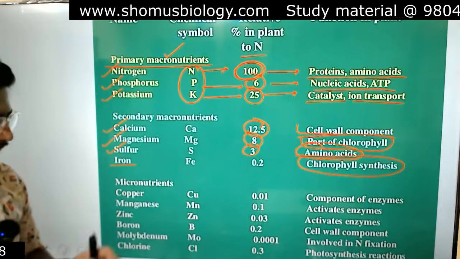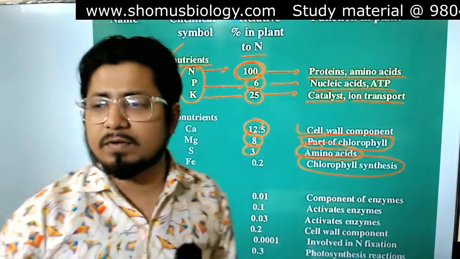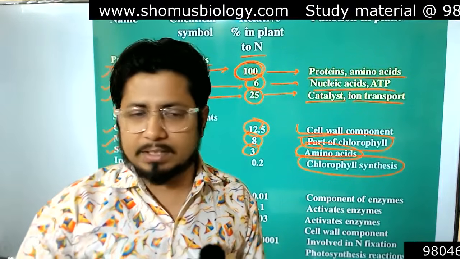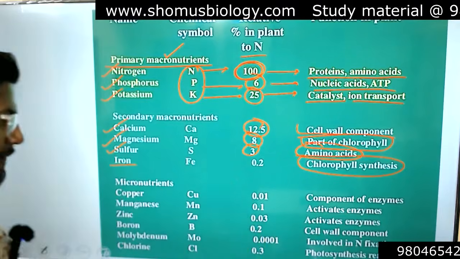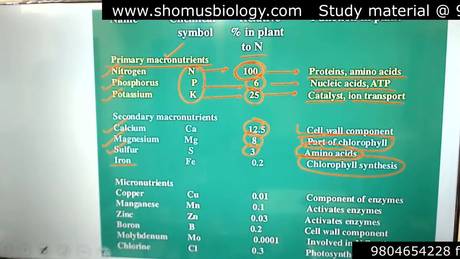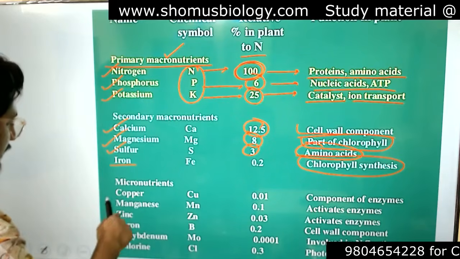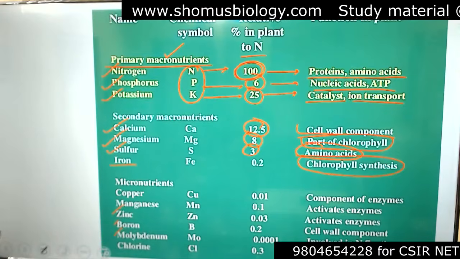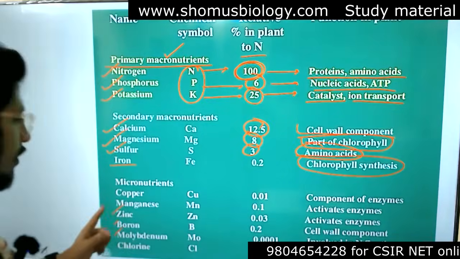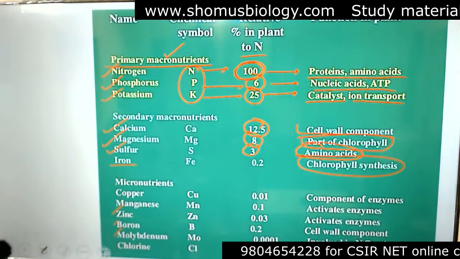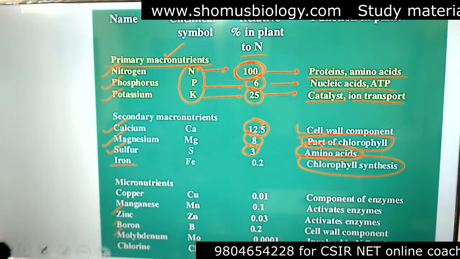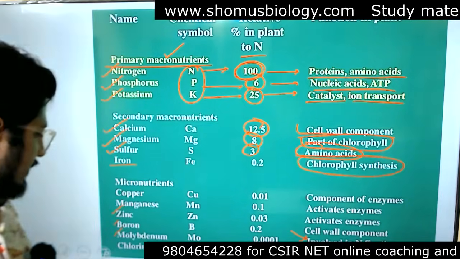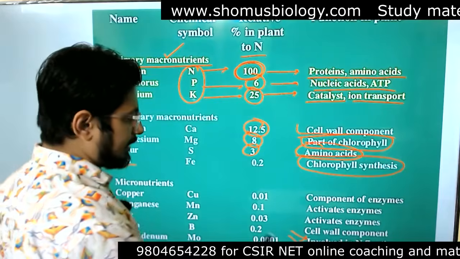Now the last thing is micronutrients, which are needed in very tiny amounts for proper functioning. Most of these micronutrients are components of enzyme activity, like the cofactors that we know. There are different micronutrients helping the enzymes to perform their function. Copper, manganese, zinc, boron, molybdenum, chlorine, these are all micronutrients. Copper is part of enzymes, manganese activates enzymes, zinc activates enzymes, boron is a cell wall component, molybdenum is involved in nitrogen fixation, and chlorine helps in photosynthetic reactions.